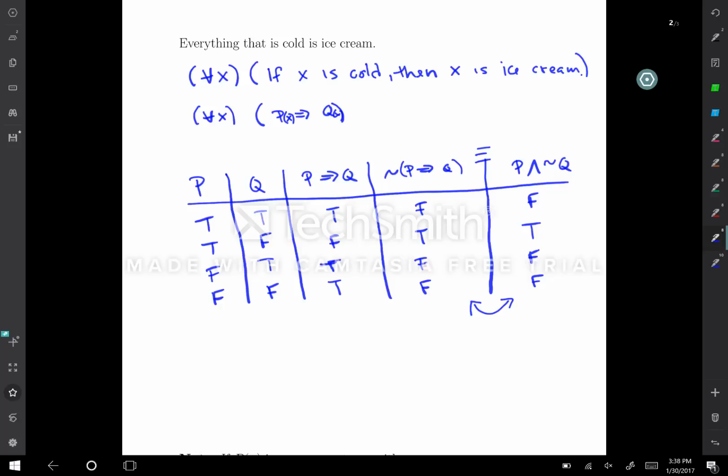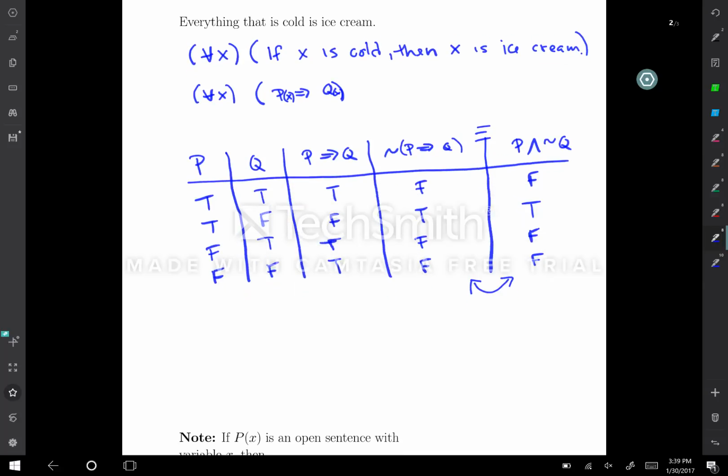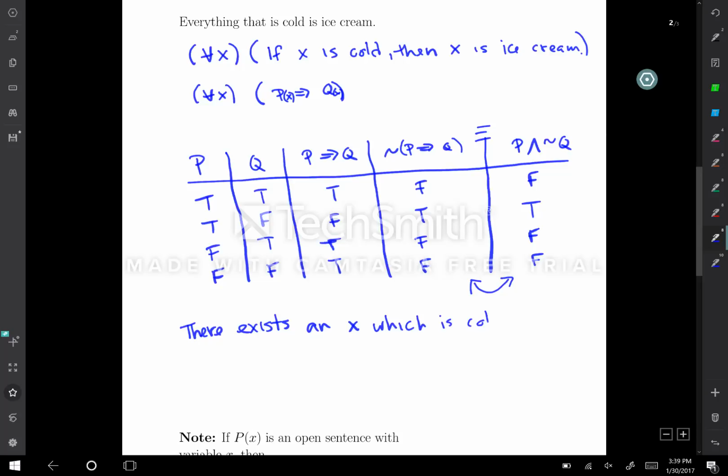So, if we're going to consider P and not Q, our negation will become, rather than for all, there exists an X which is cold and X is not ice cream.